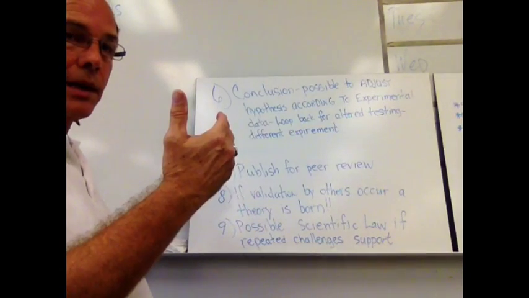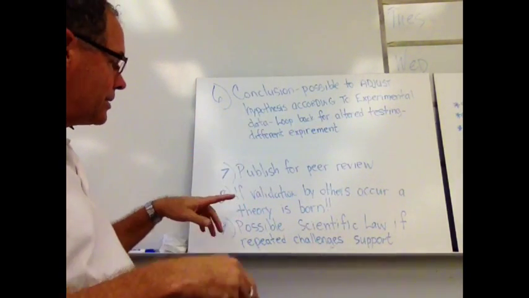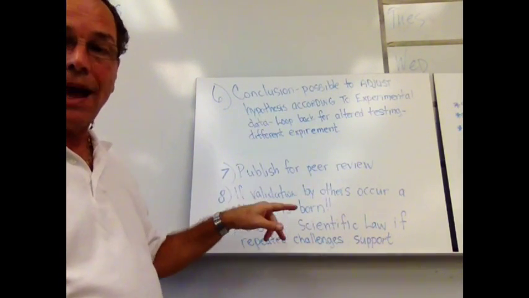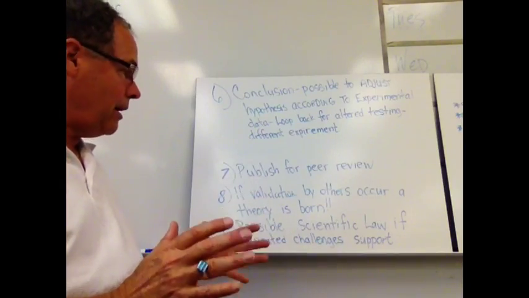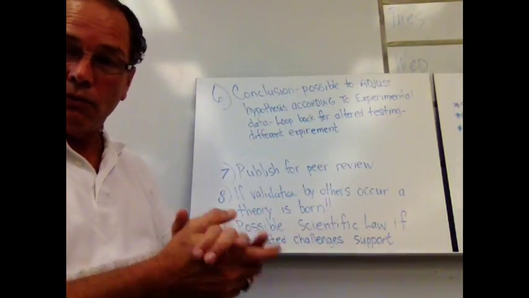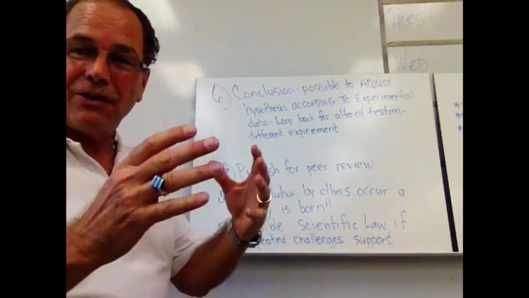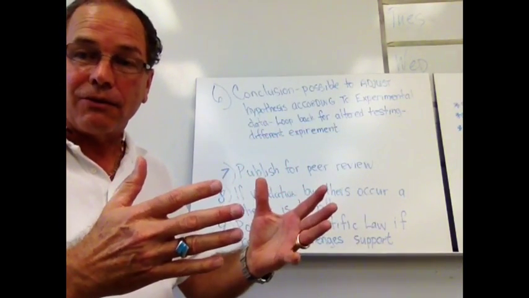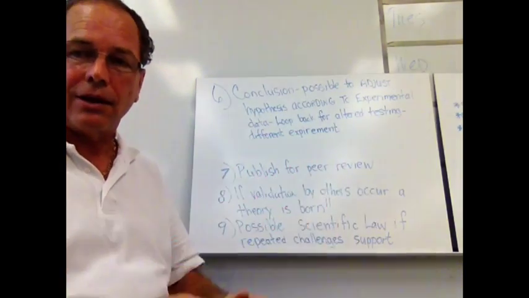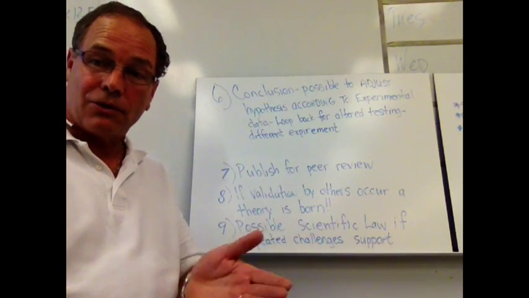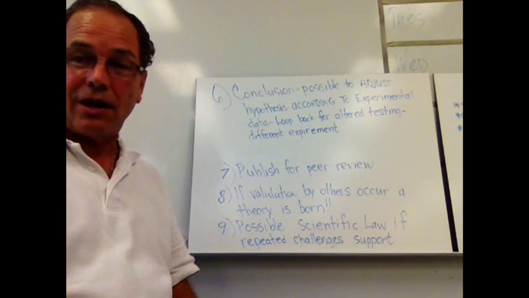So we're at that point now where other people are testing it, and if others validate it, you can move on to a theory. Ooh, that's a good thing, and you want to do that, you know, and as you're doing that, you may get doctor in front of your name, PhD, and those kind of things. No doubt maybe your salary increases if that's the kind of job that you have.